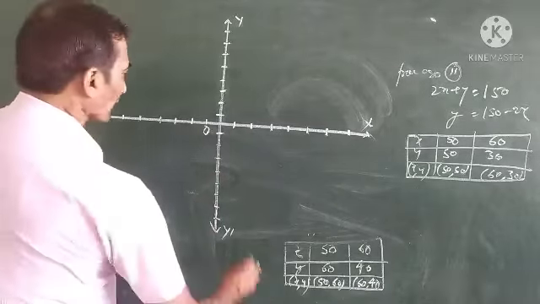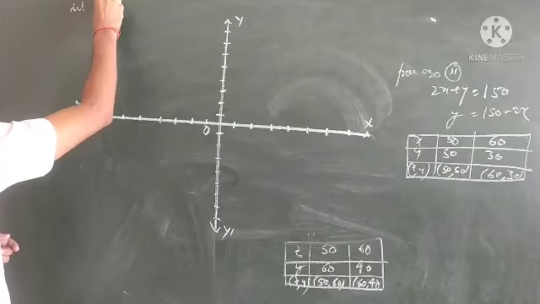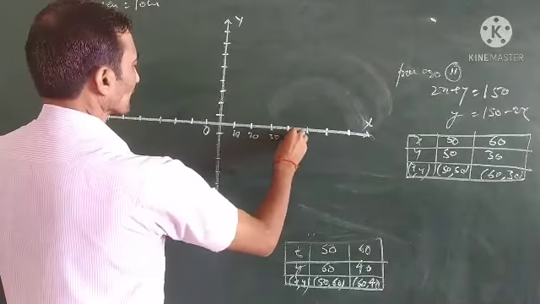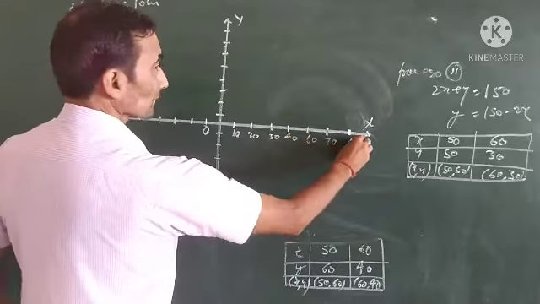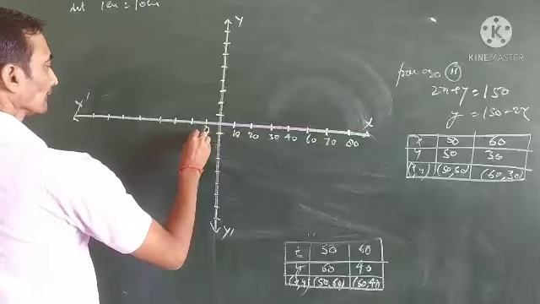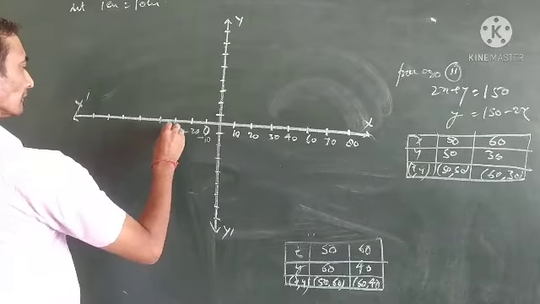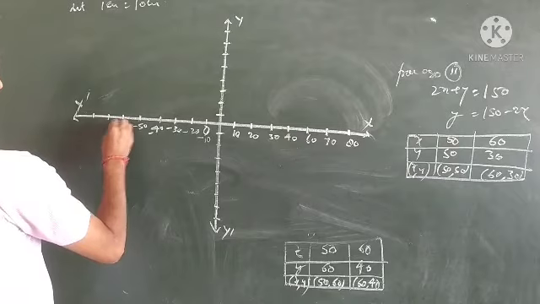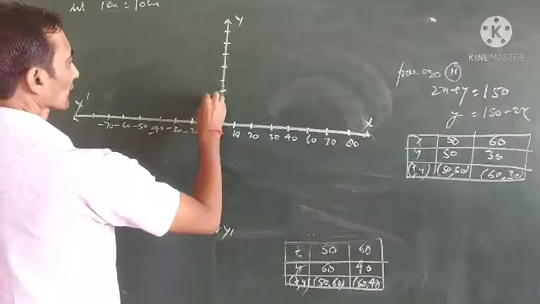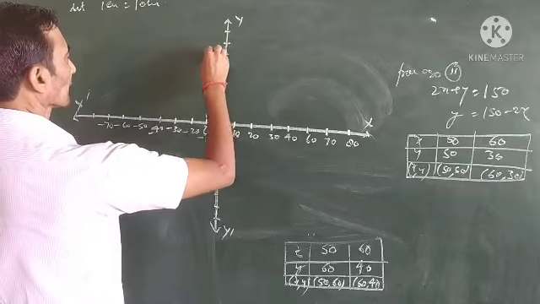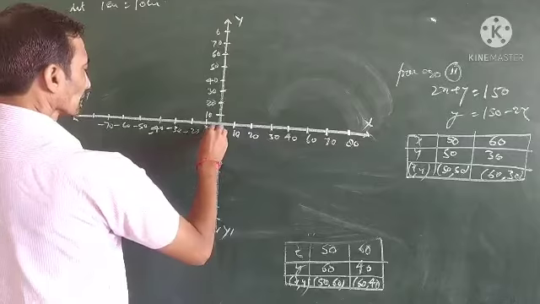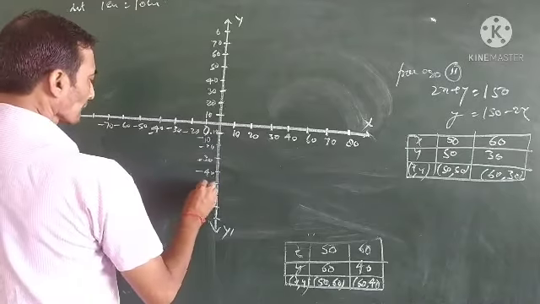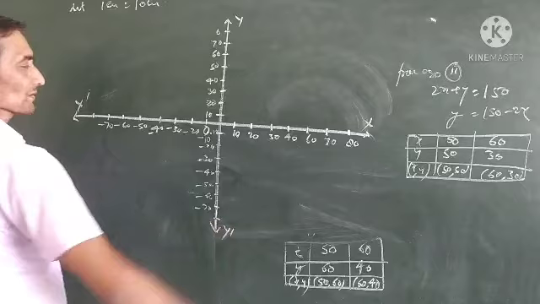Just like, let 1 cm equal to 10 units, then 10, 20, 30, 40, 60, 80, minus 10, 20, 30, 40, 50, 60, 70, 10, 20, 30, 40, 50, minus 10, 20, 30, 40, 50, 60, 70, just like this.